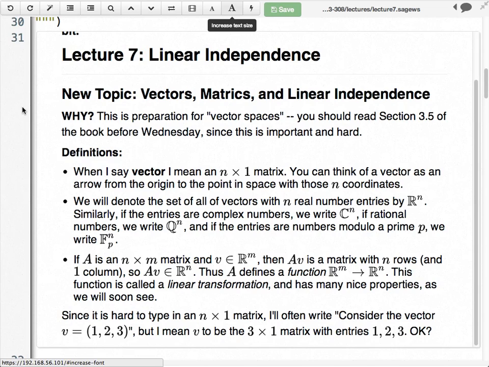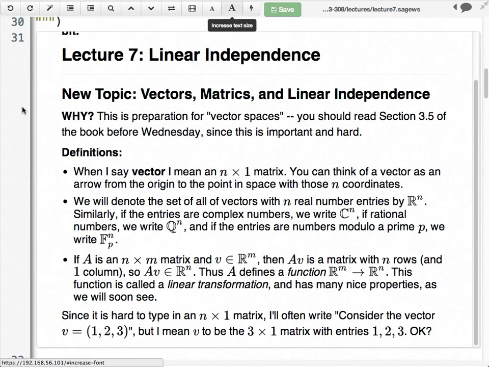You may have seen vectors in other classes, and you often think of them as an arrow that goes from the origin to some point in space. And there's a correspondence between that and this. You just take this point, and you go from the origin to that point, and that's the arrow that you're thinking of, where the point right here would be the point (1, 2, 3, 4).